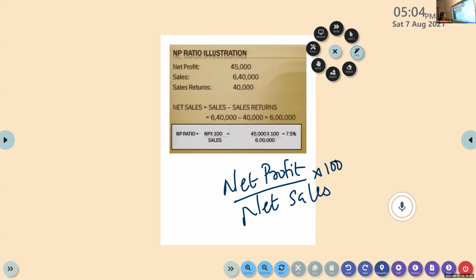Net sales means what? Net sales is sales minus sales return. So sales is 6,40,000. Sales return is 40,000. So 6,40,000 minus 40,000 is 6 lakhs. What is net profit? 45,000. 45,000 divided by 6 lakhs into 100.